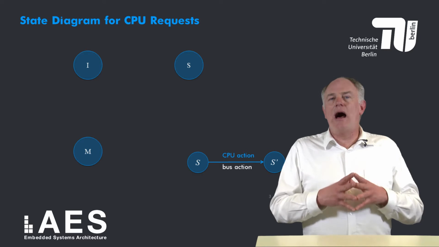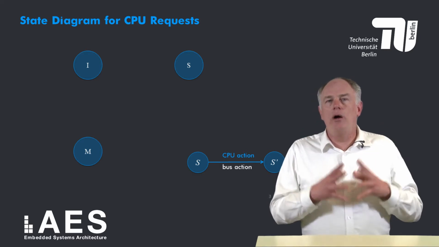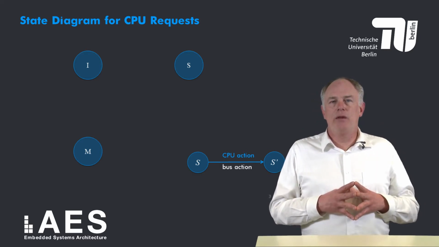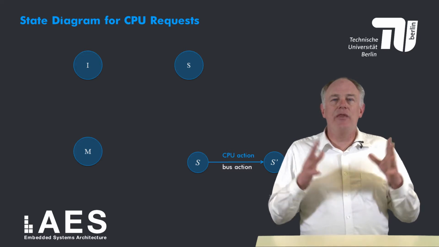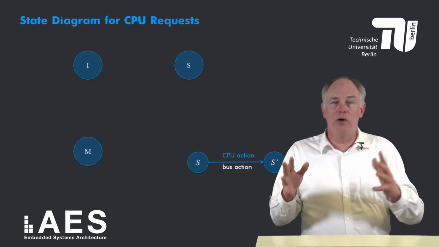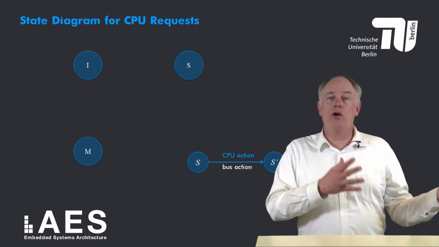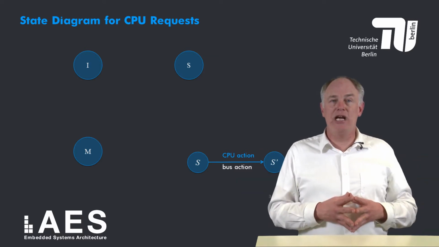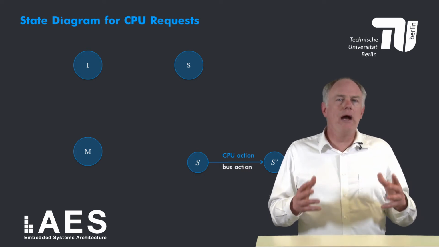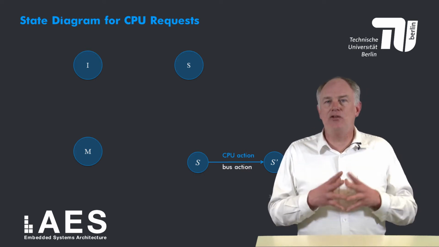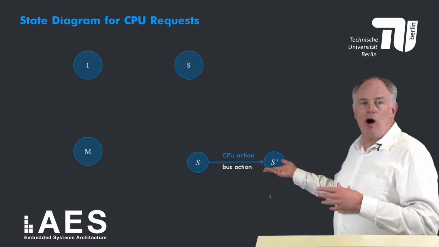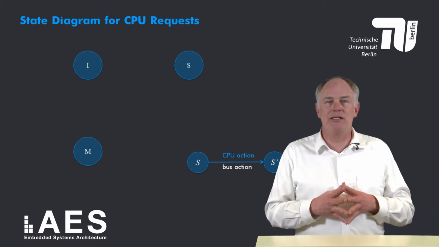I will now draw a number of state diagrams. In these state diagrams, there is an arrow from one state to another state if a certain event occurred that caused the state of the cache block to change. Furthermore, each arrow or state transition is labeled with up to 2 events or actions.